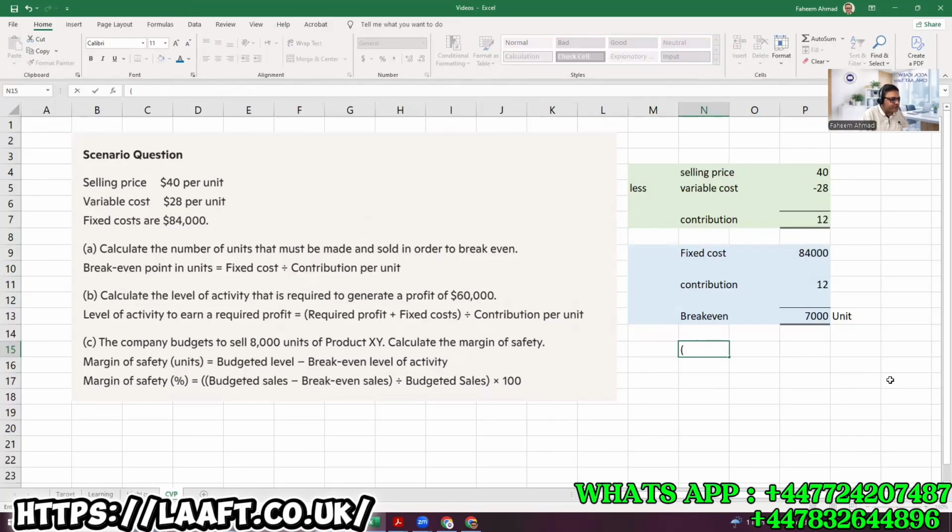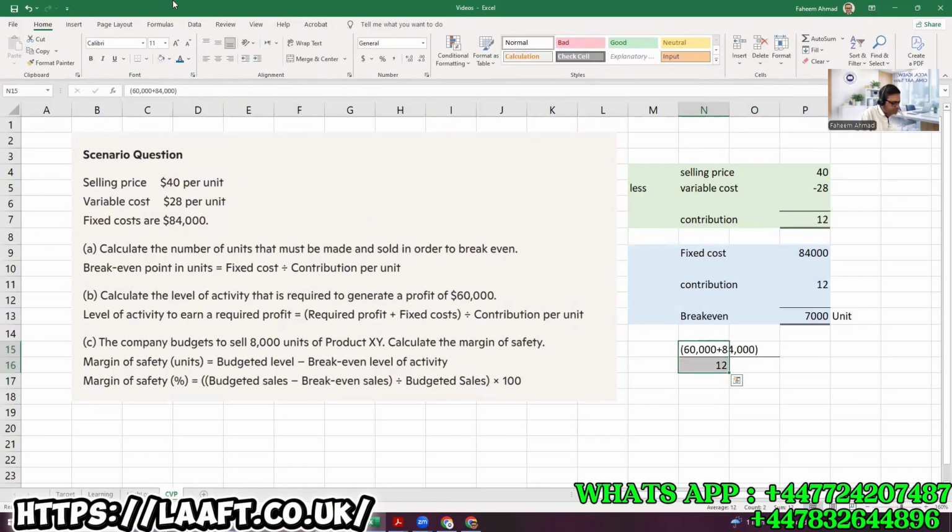So required profit is 60,000 pounds plus fixed cost are 84,000. Contribution per unit is 12.